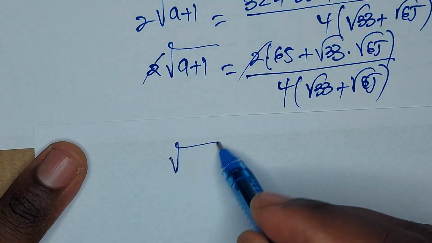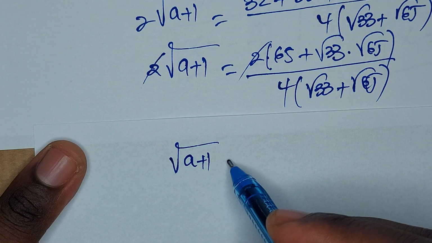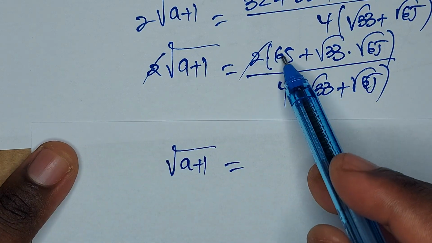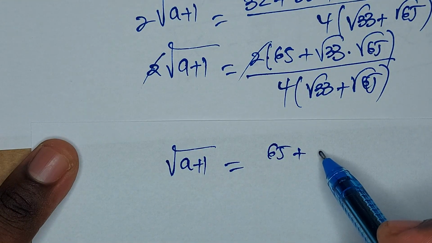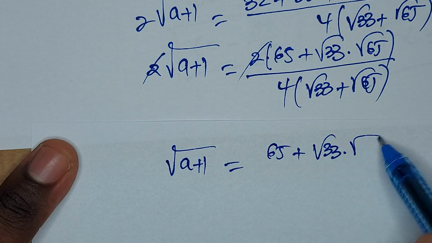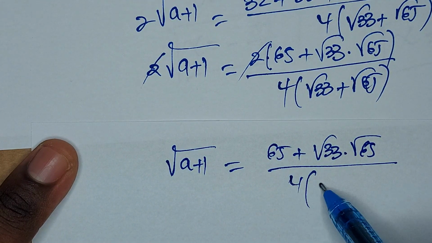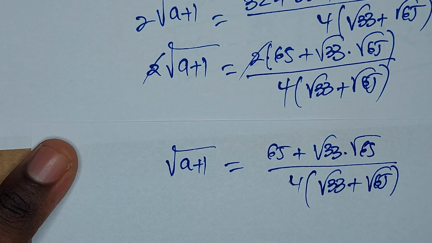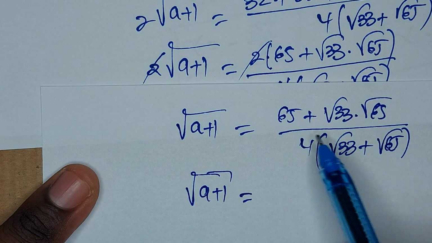So we're going to have square root of a plus 1 is going to be equal to 65 plus square root of 33 times square root of 65, divided by 4, which multiplies square root of 33 plus square root of 65. So this is square root of a plus 1, which is going to be equal.